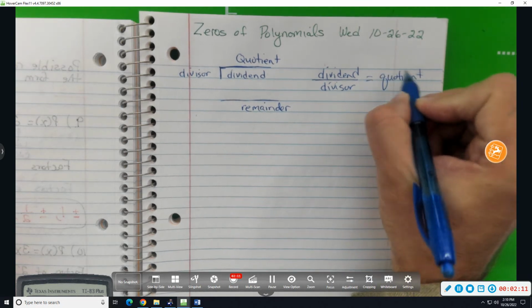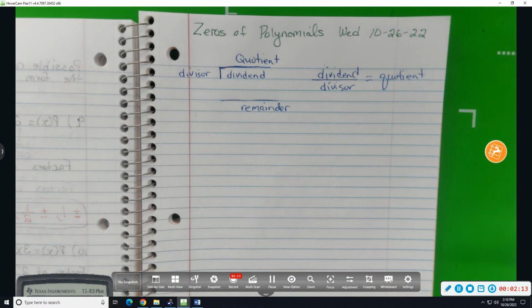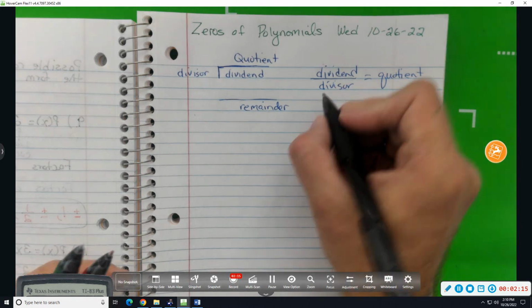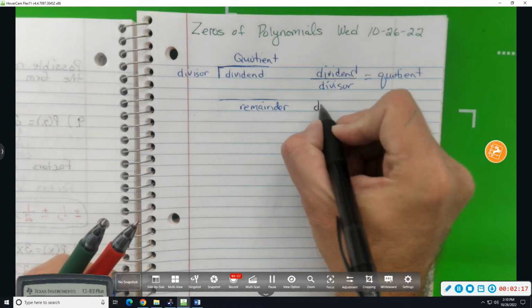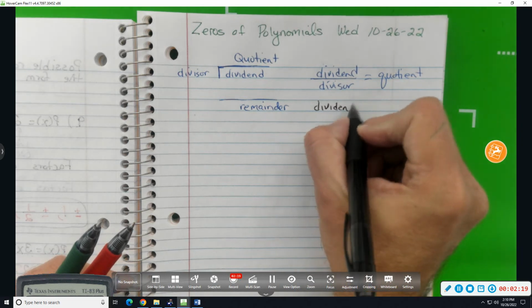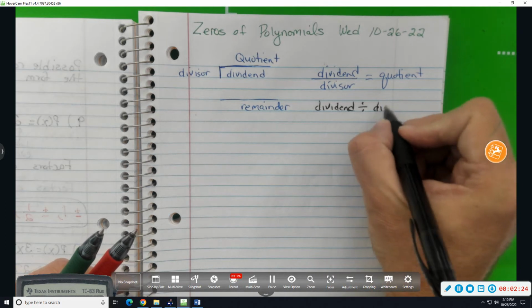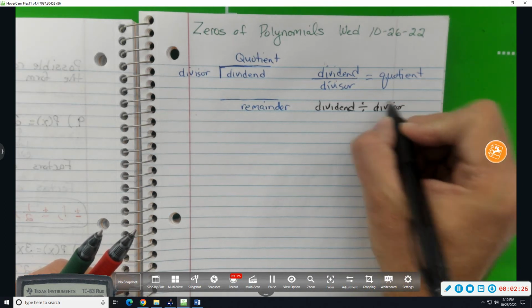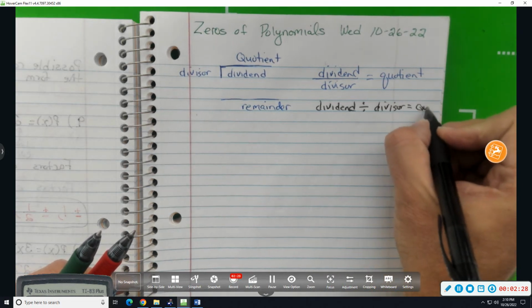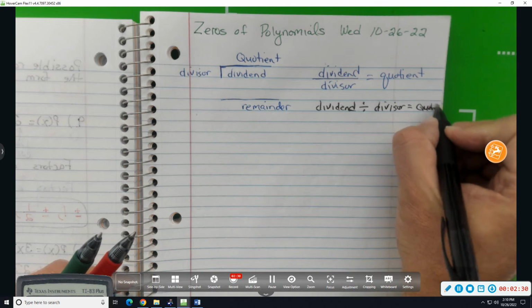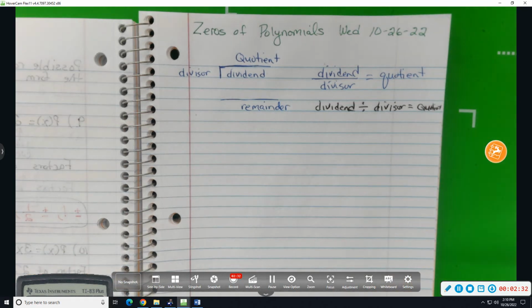Quotient is the answer for a division problem. One other way you might see division written is with the dividend, that symbol, divisor, equals quotient. Okay, so dividend and divisor.